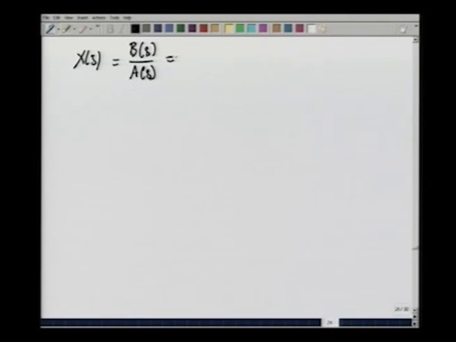This we will express as a product of first order factors, s minus zk by product of s minus pk. Then we will plot all these zeros and the poles on the S plane.